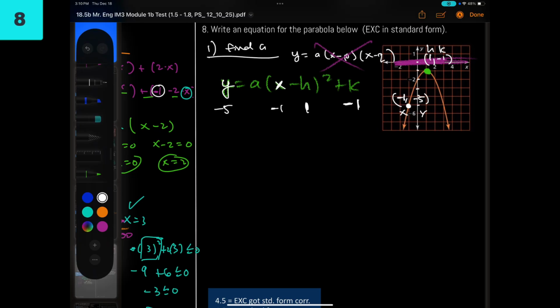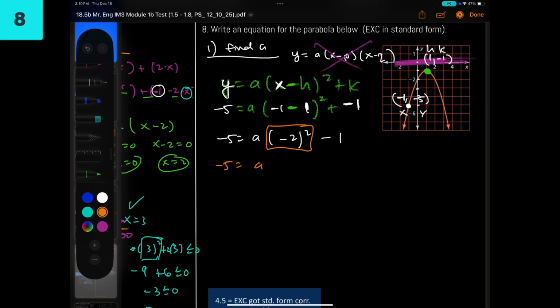Okay, pay attention here. Now you go back and we're solving for a. Do you see why I'm writing that? And then plus -1. So if you simplify this, you'll just get -5 equals a(-2)^2 - 1. -5, okay.